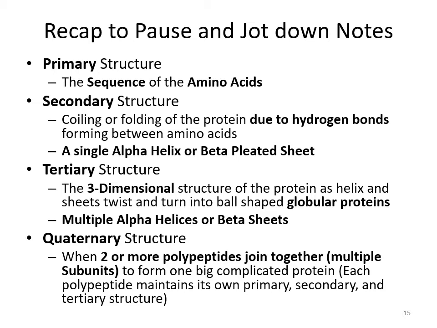That's secondary structure. Think secondary, single. Tertiary is when you're looking at multiple alpha helices, multiple beta sheets, and for quaternary, you will see the word subunit. Multiple subunits, multiple polypeptides. When you see that, you know you're talking about quaternary. Put stars all over the slide because I like to ask about these different levels of structure.